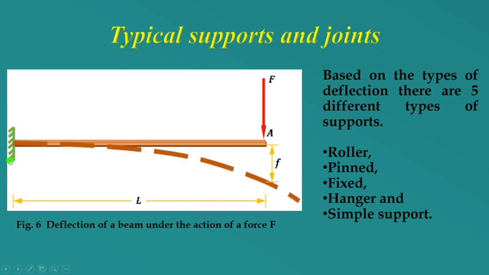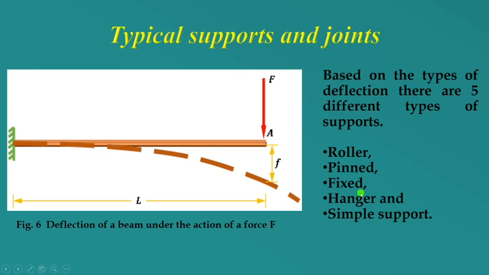What different types of joints and corresponding supports are there? Supports are mainly named by the joints: roller, pinned, fixed, hanger, and simply supported supports are there.